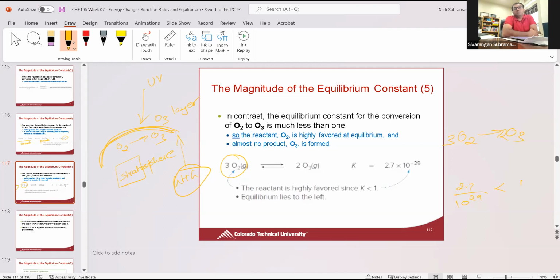We are only able to breathe the oxygen. So that's why this delicate balance of nature is designed in such a way that the oxygen does not get converted to ozone at the lower levels, but it does so at a higher level where it serves a very specific purpose of protecting us from the UV rays.